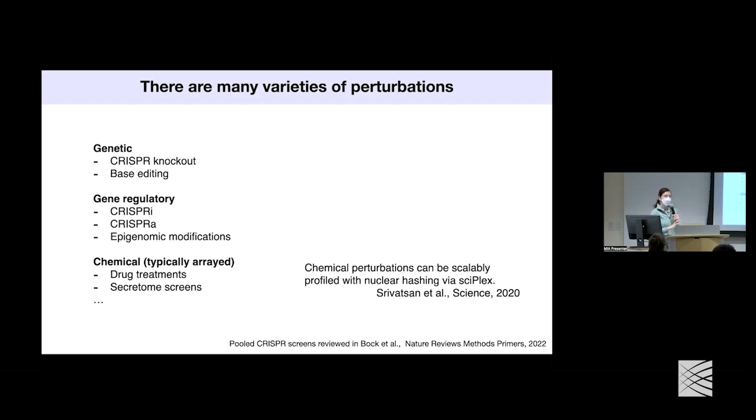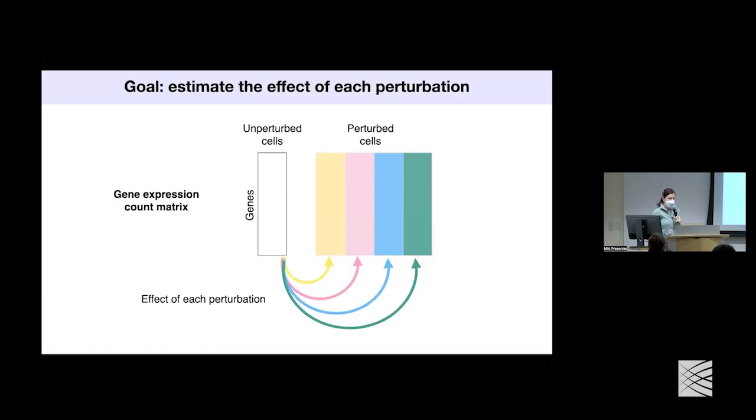And then we can have more arrayed type experiments where we treat cells with different drugs in different wells of a plate, or treat them with different growth factors or secreted factors. Recent advances allow us to combine these together as well into larger and larger scales, for example, via pipeline. But back to our problem.